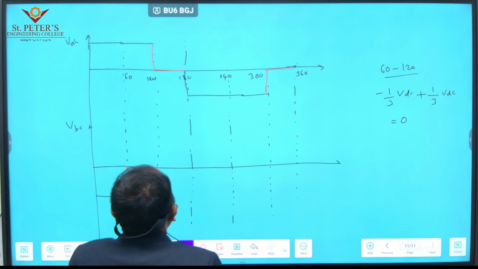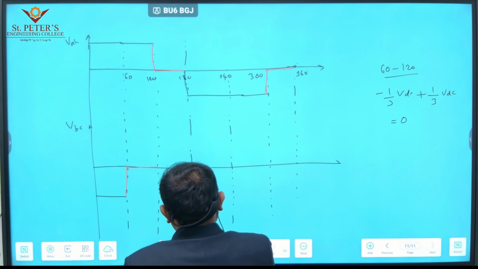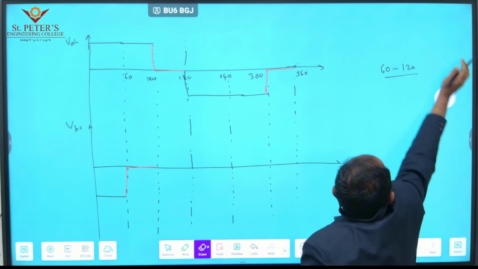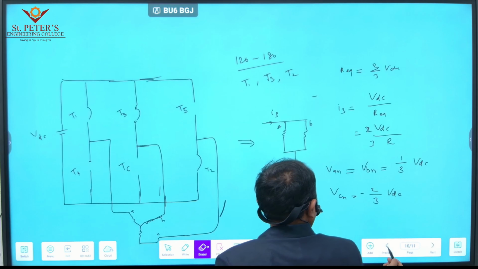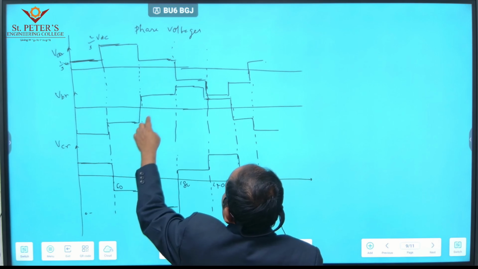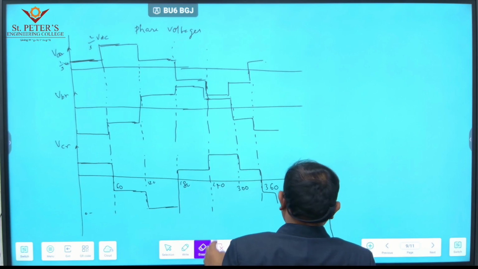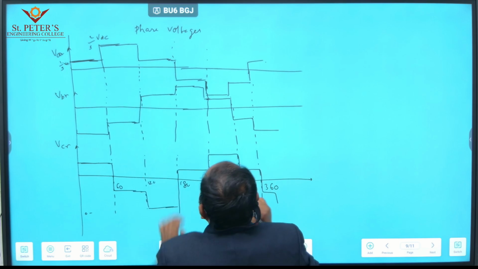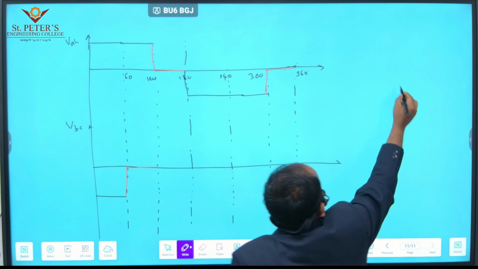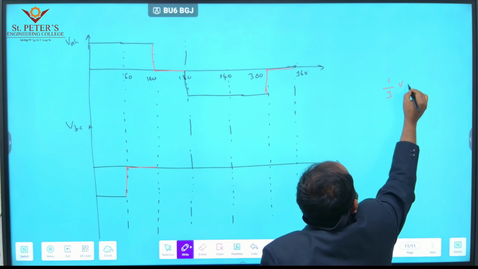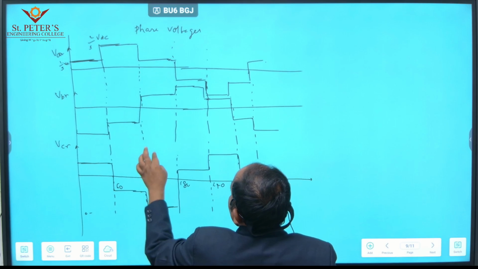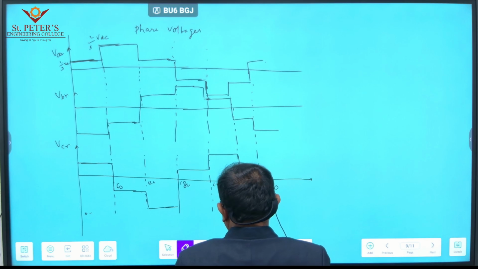Okay, next one, from 120 to 180. VBN is 1 by 3 VDC, and VCN is minus 2 by 3 VDC.